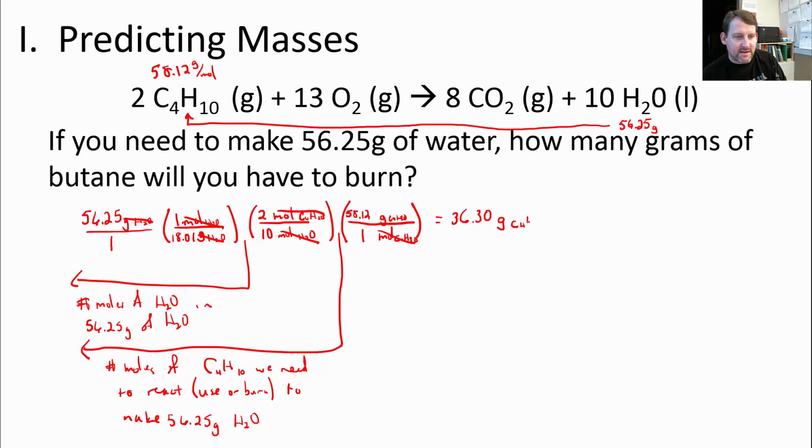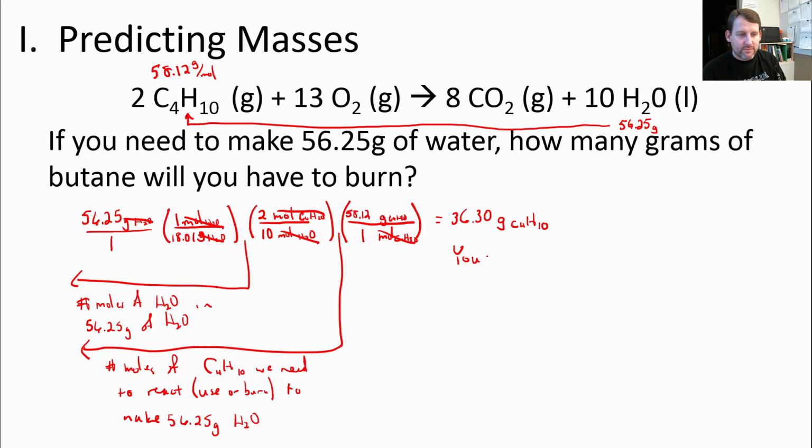Grams of C4H10. Now, of course, the final question we have to answer is, well, what does this number mean? This number means you need to burn 36.30 grams of C4H10 in order to get 56.25 grams of water.